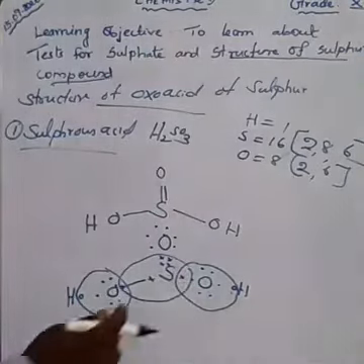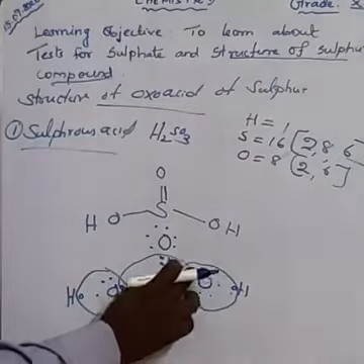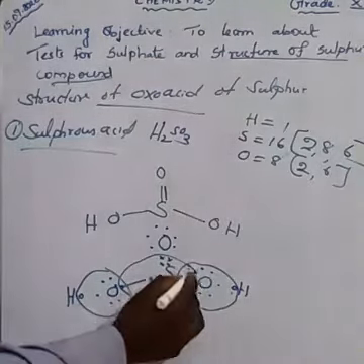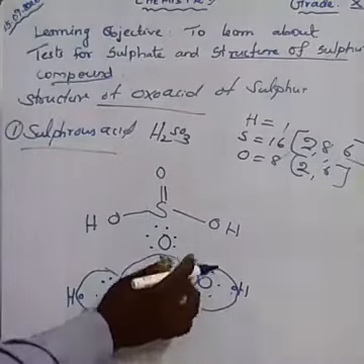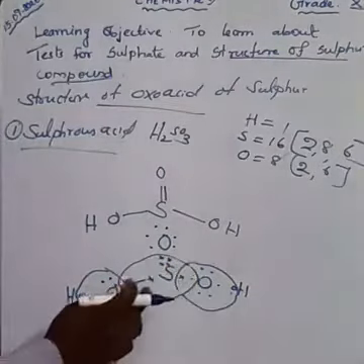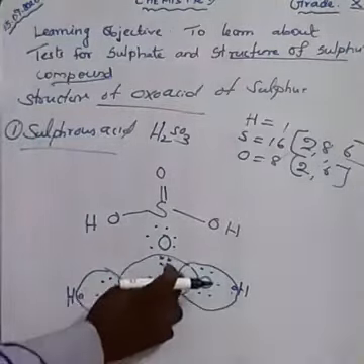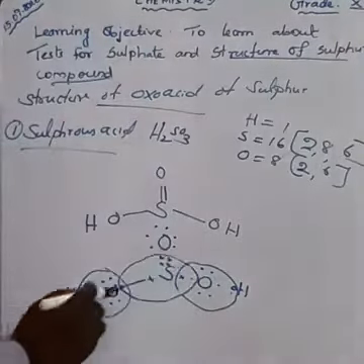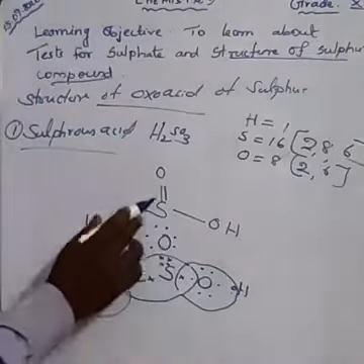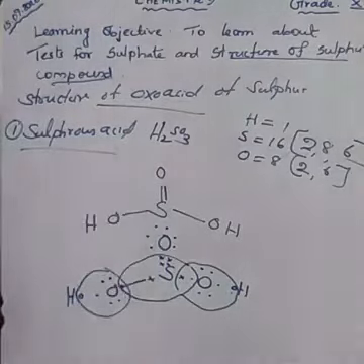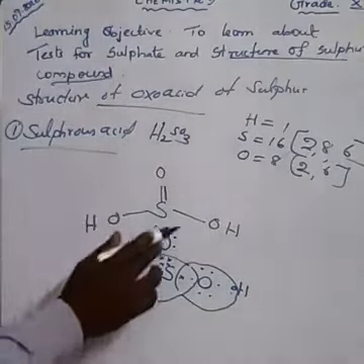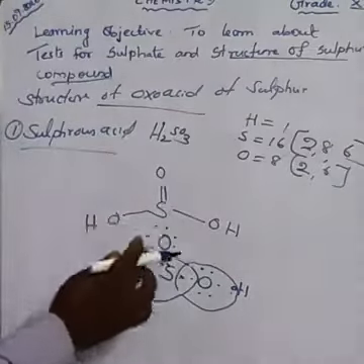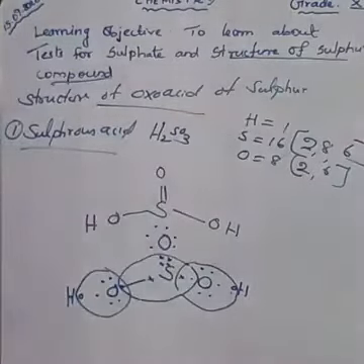Am I right? 1, 2, 3, 4, 5, 6, 7, 8. Here having 2 pairs of electrons, so it becomes a double bond. Clear? Here oxygen having 8 electrons. Like that we can do.